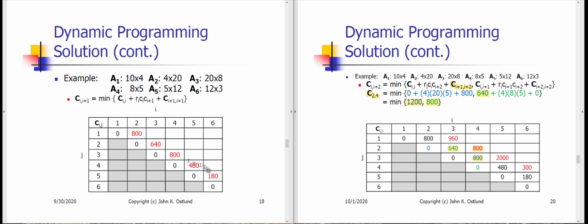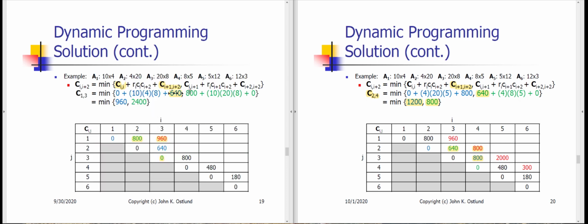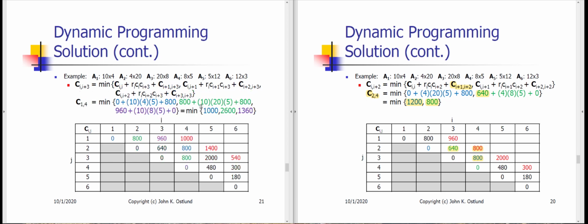And so we were very quickly able to fill in that diagonal. For C(i,i+2), we had to get the minimum of 2 computations. And now for C(i,i+3), we're going to need to get the minimum of 3 computations instead of just 2. Okay, so things are getting more challenging here, but the pattern still holds.